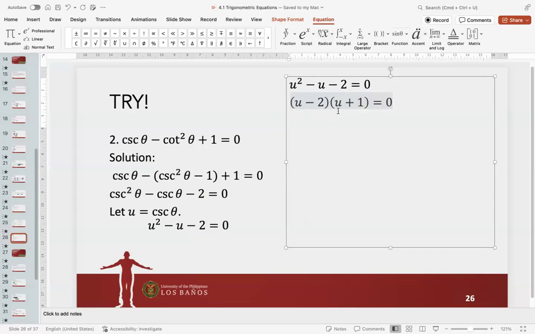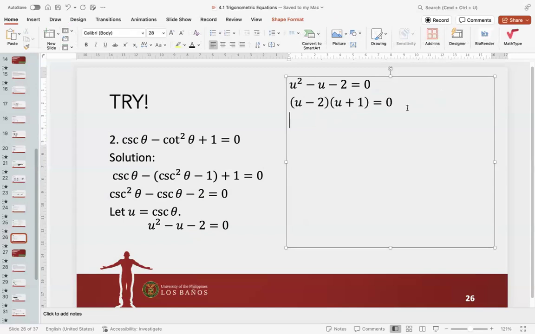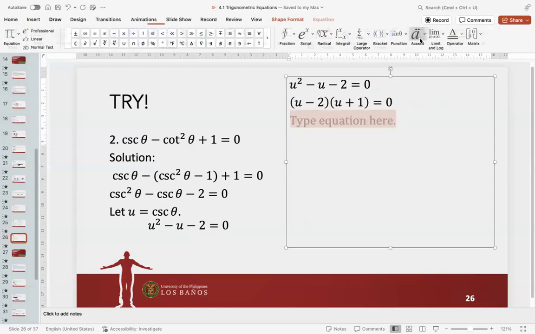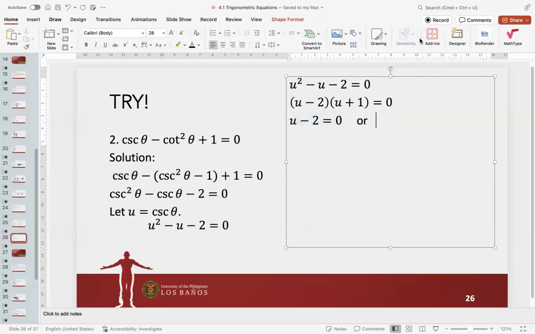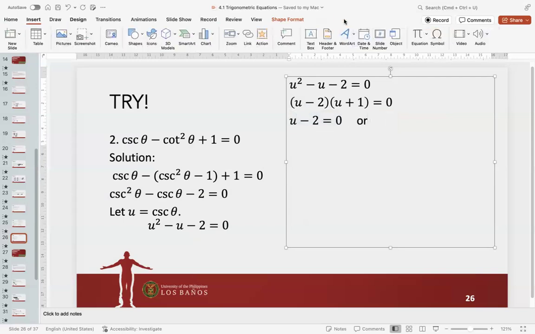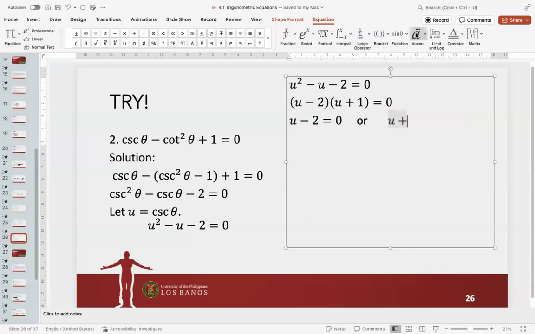So u times u is u squared. U times 1 is u. Negative 2 times u is negative 2u plus u is negative u. Then negative 2 times positive 1 is negative 2. So with this, we know that u minus 2 must be equal to 0, or u plus 1 equals 0.